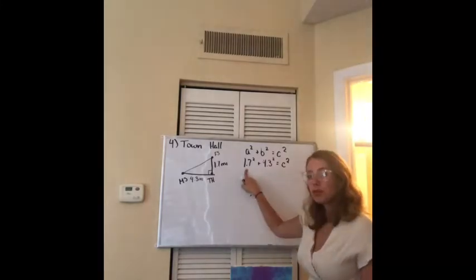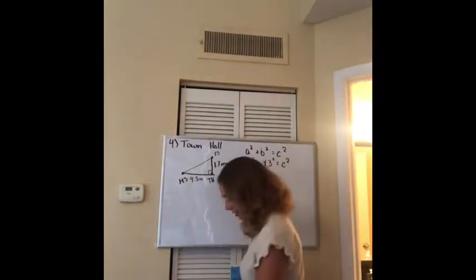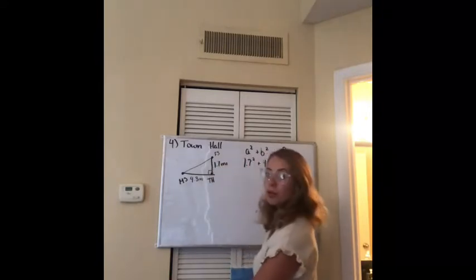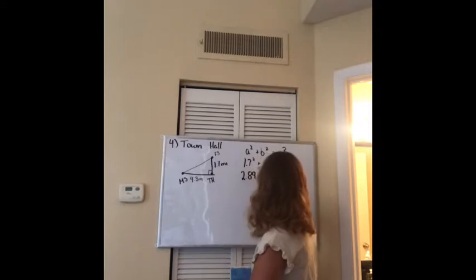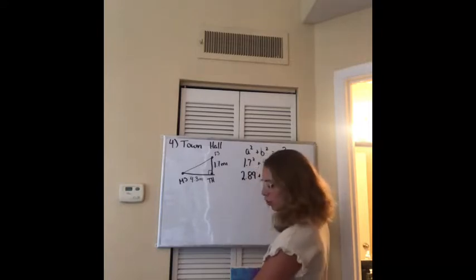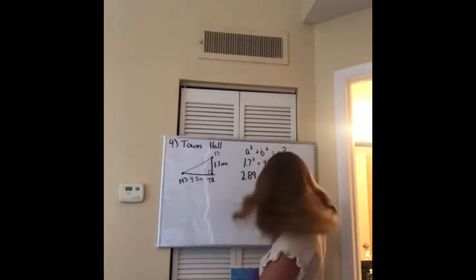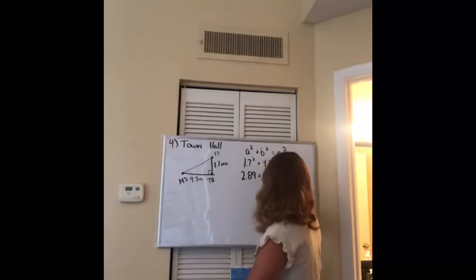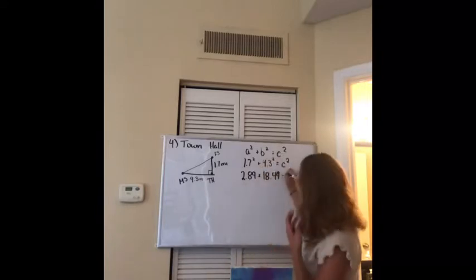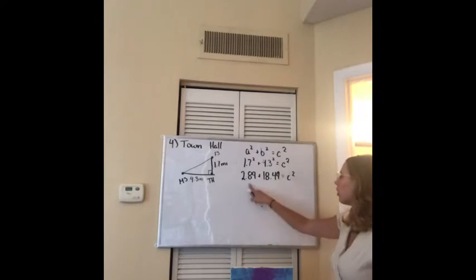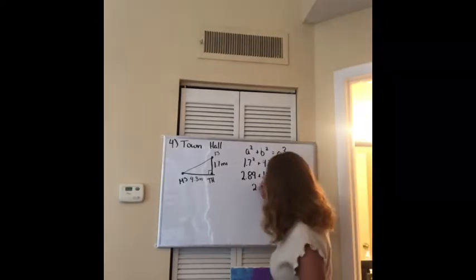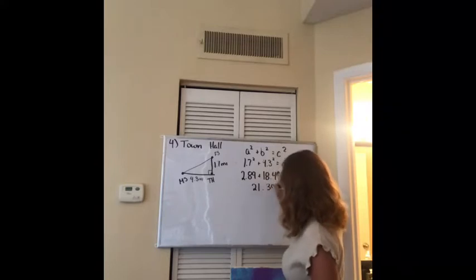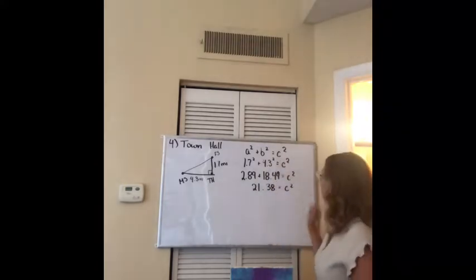1.7 times 1.7 is 2.89, plus 4.3 times 4.3 is 18.49, equals c squared. 2.89 plus 18.49 is 21.38, which is c squared.